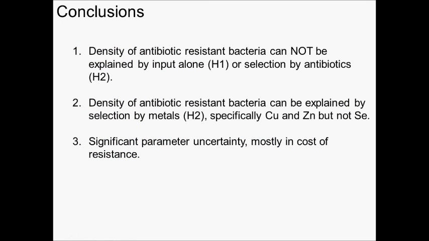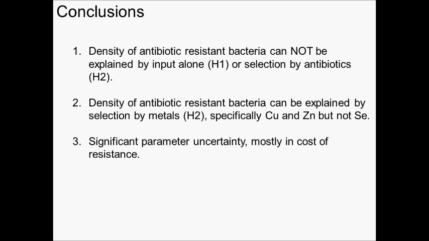So the main conclusions that we reach are that the density of antibiotic resistant bacteria cannot be explained by input from sources or selection by antibiotics, but it can be explained by co-selection by metals, specifically copper and zinc, but not selenium.